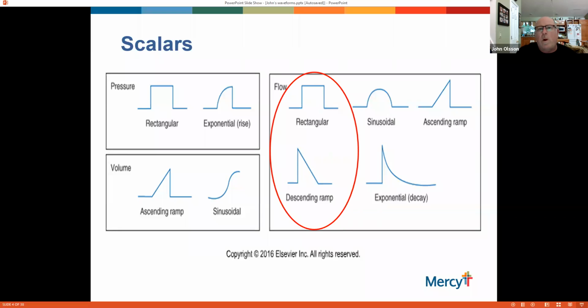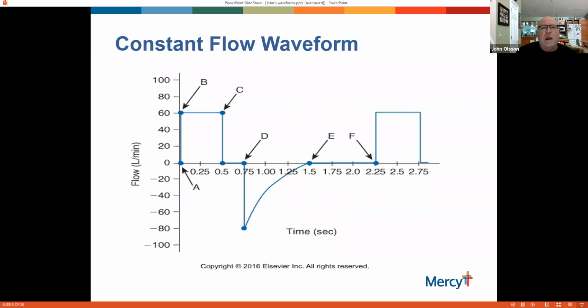Flow can come in square waveforms or sinusoidal or descending. Most of the time we only use these two right here, these descending and rectangular or square waveforms for our flow. So a constant flow pattern or that square waveform goes up and gets to that flow you have set really fast, delivers it, and then once it delivers that volume, it stops and comes down and you go into expiration.